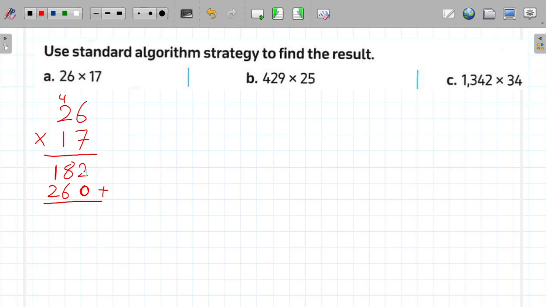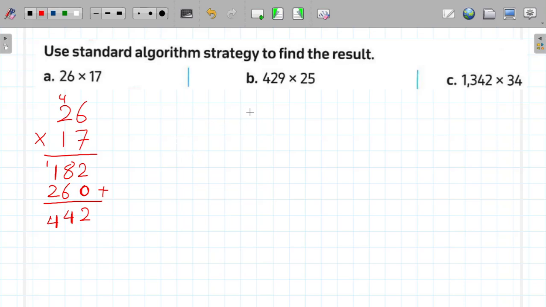So I have 2 plus 0 equals 2, and 8 plus 6 equals 14. So I will write 4 and carry up 1. 1 plus 1 equals 2, and 2 plus 2 equals 4. So the final result will be 442.